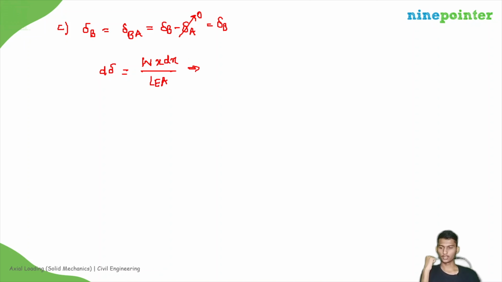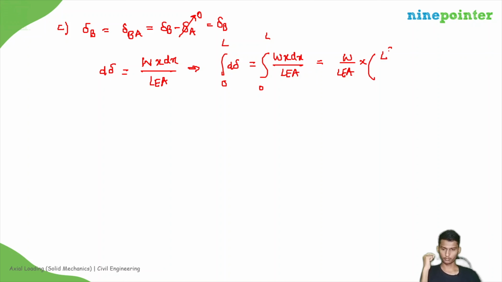For the entire bar, the limits should be from 0 to L. It is the integral from 0 to L of W x dx divided by L E A. So it will be W by L E A, and it is L squared by 2.